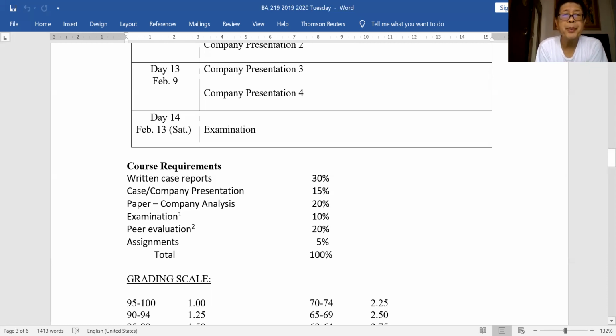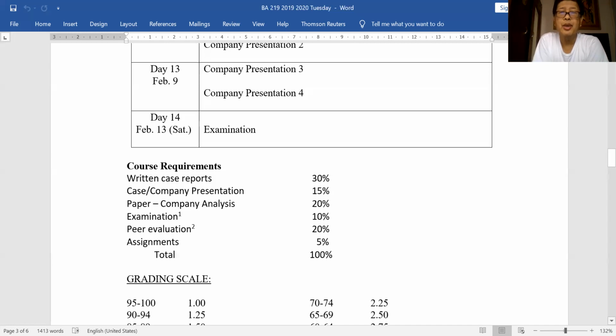And then your paper for the company analysis is 20%. By the way, for company analysis, I'd like to emphasize that for the presenting group, on top of your PowerPoint and video presentations, you have to submit to me also a written paper.